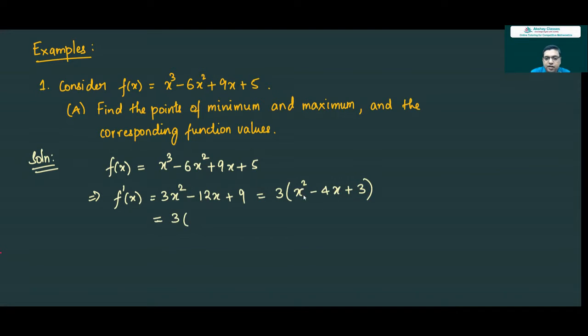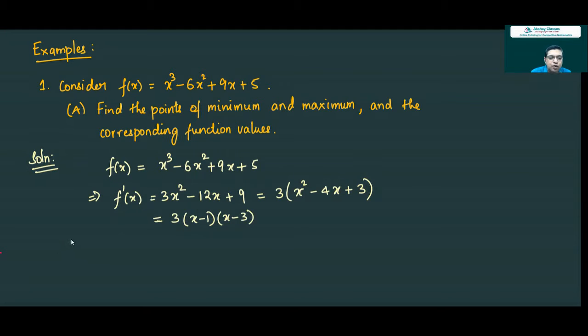You can see you can factorize this. 1 into 3 is 3, and the sum of that is 4. So the factors will be 1 and 3. So x minus 1 into x minus 3.